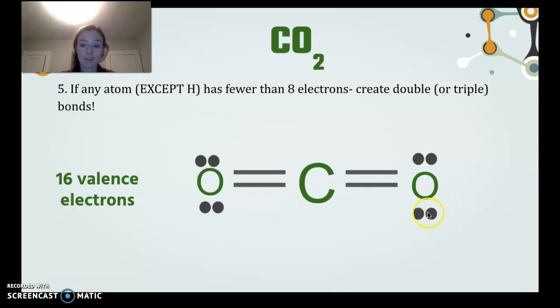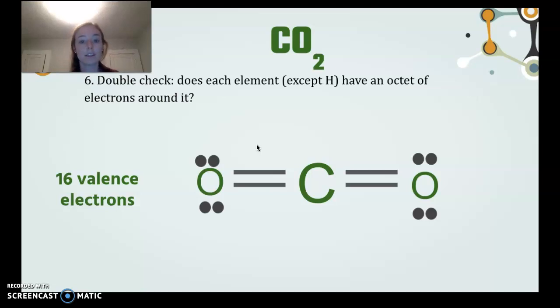So now oxygen has 2, 4, 6, 8 valence electrons around it because it's getting 4 from this double bond, and carbon also has 8 valence electrons because 4 plus 4 is 8 valence electrons, and this oxygen also follows your octet. So all of the atoms are happy. So now I just need to double check. Does each atom follow the octet?